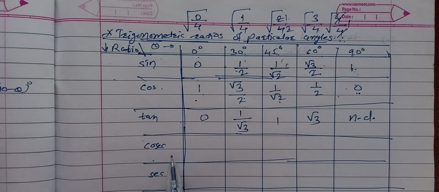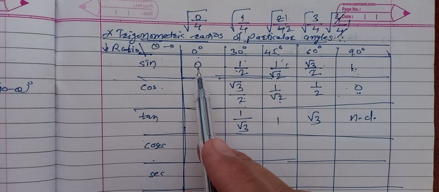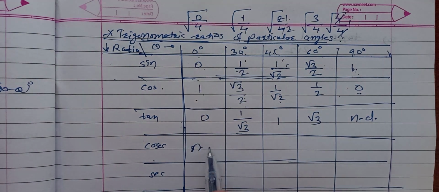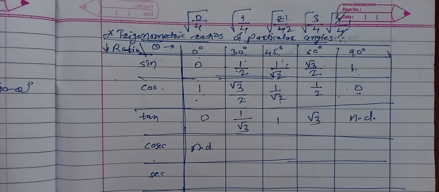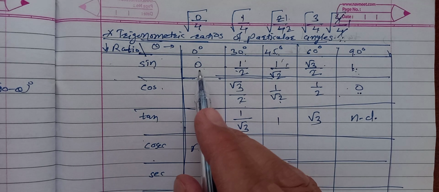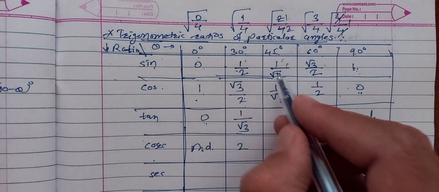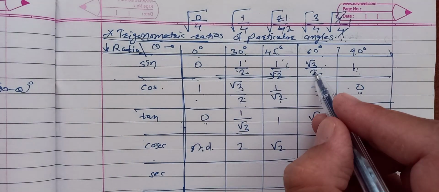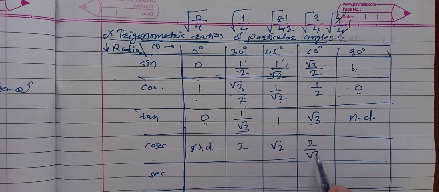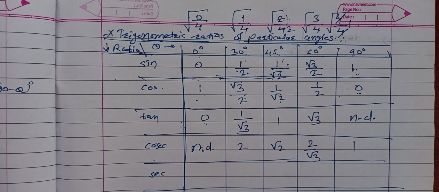Now cosec, we know, is the inverse of sine. Inverse means here 0 upon 1, 1 upon 0, not defined. This is not defined because 1 upon 0 we cannot divide. Inverse of this 2, inverse of this root 2, inverse of this 2 upon root 3, and inverse of 1 is 1.